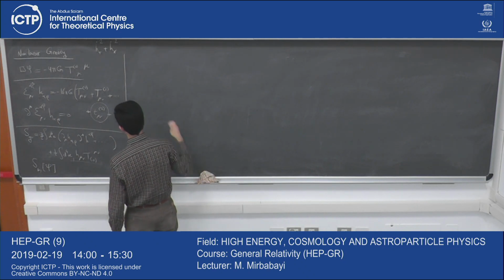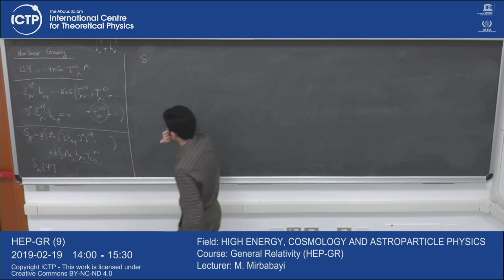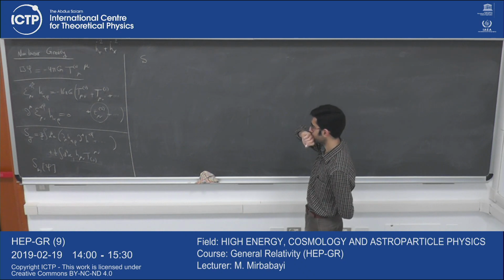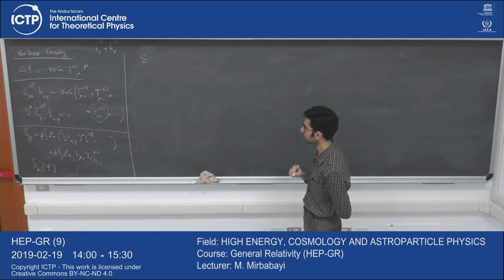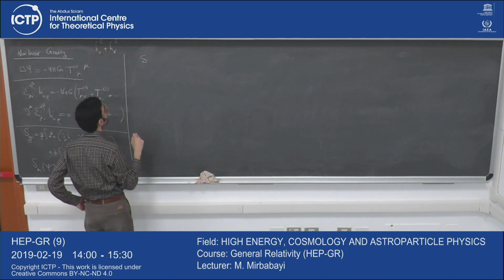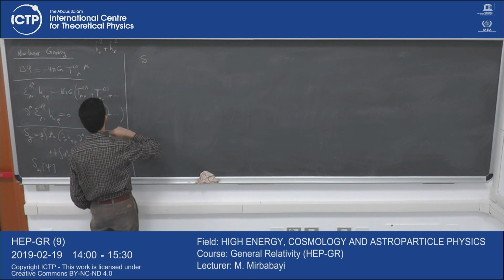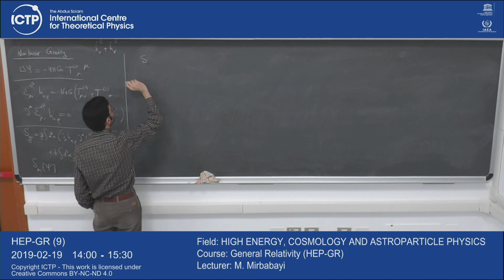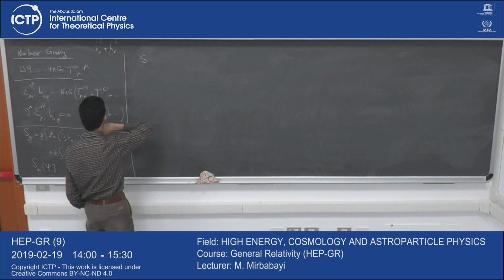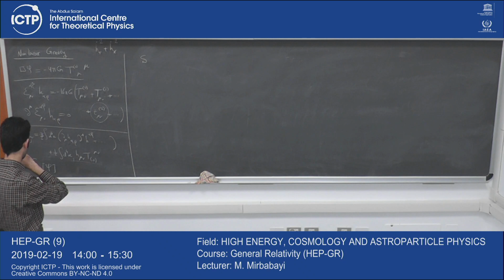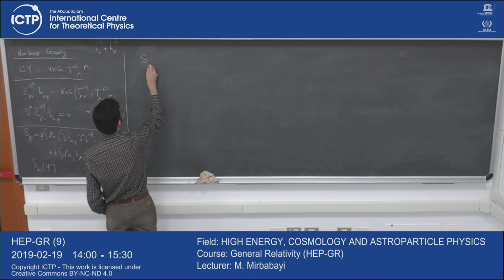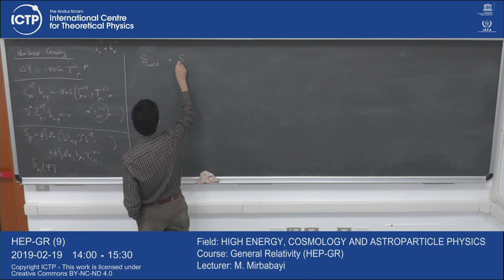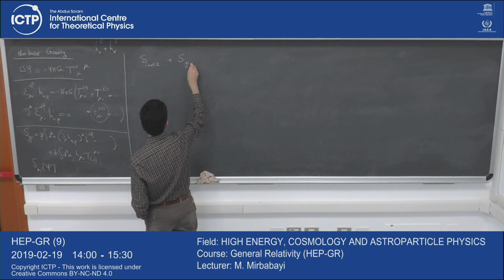But one thing that is clear is that that action, that term, since this is too schematic, let's not write it. So instead I call it, so what do we call them? Let's see. So let me write it as S coupling 2 and then S gravitational 3.